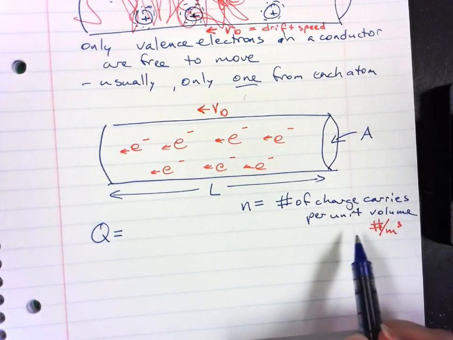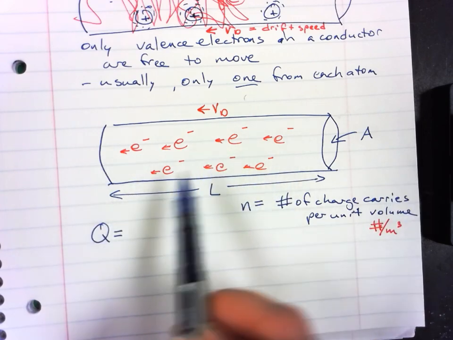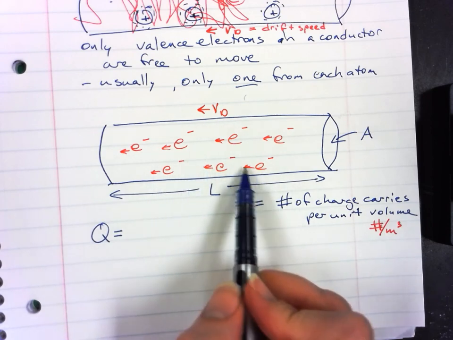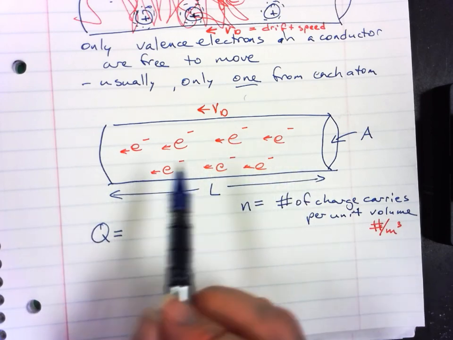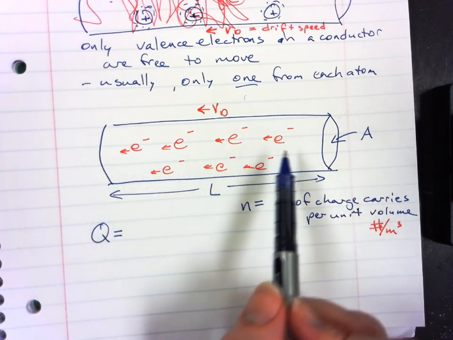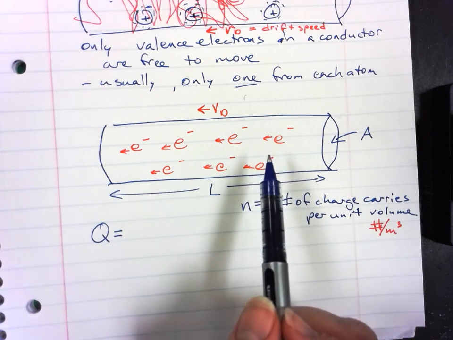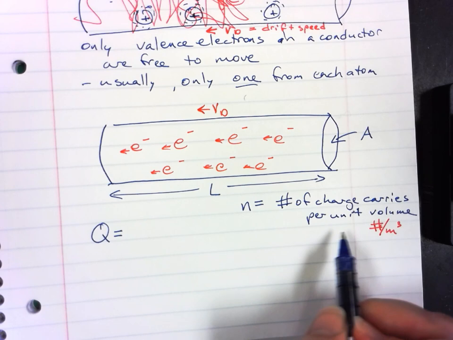So this gets at the idea that most of the time there's one electron donated or given up by each atom in the metal. So if we wanted to go farther than this, we could actually start from the actual mass density of this, use Avogadro's number, figure out how many atoms are in this volume, and then figure out how many charge carriers. But I'm going to give you this number, or this will be the purpose of the problem.